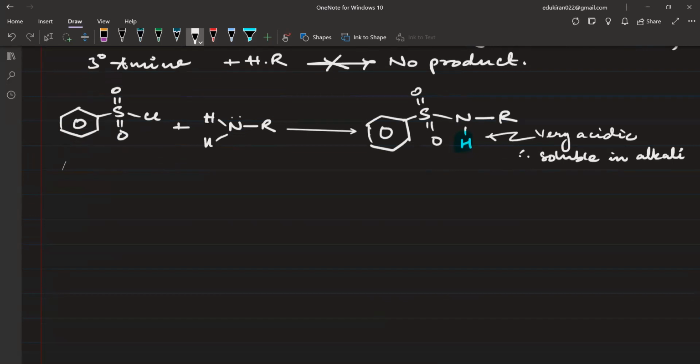Now let us look at what happens with 2 degree amine. We have hydrogen, nitrogen, R group, and one more R group.